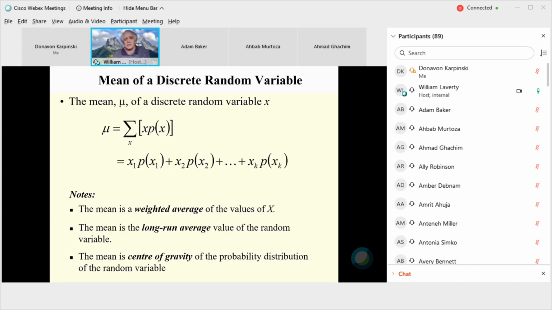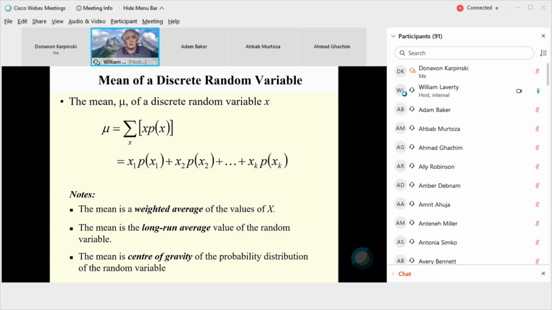The mean of a discrete random variable is the sum over all possible values of x of x times its probability. So it's a weighted average of the possible values of x. The weights are the probabilities attached to each x value. It's the long run average value. If you observe a random variable a large number of times, p of x will be the proportion of times that you observe x.